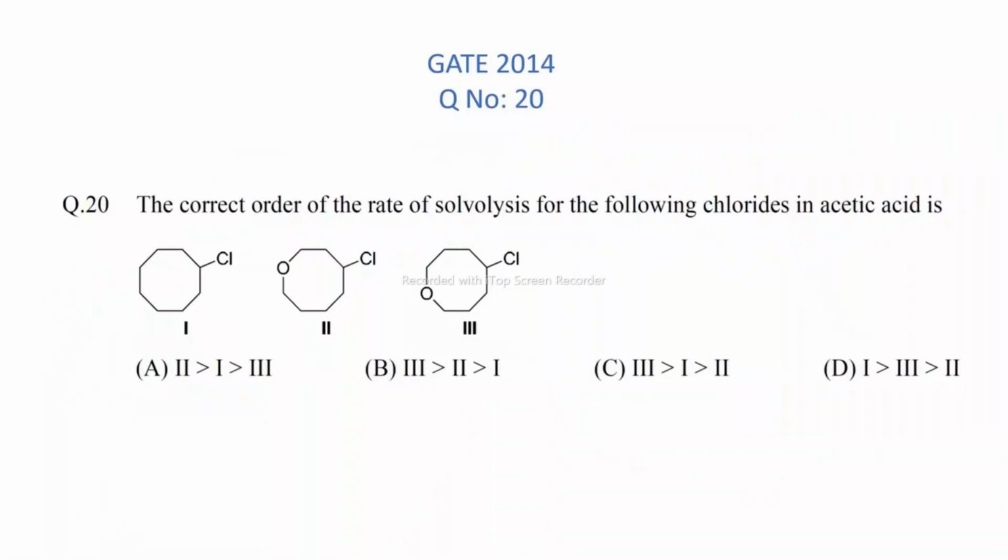So now predict which is the correct answer. The SN1 reaction will be fast when the carbocation forms fast, that is, if the carbocation is stable.